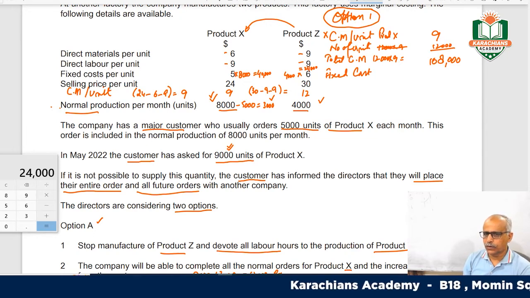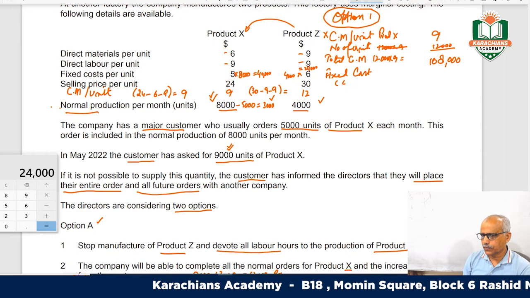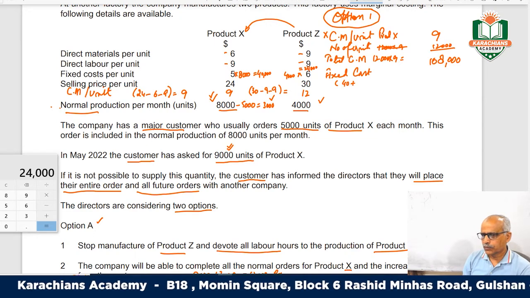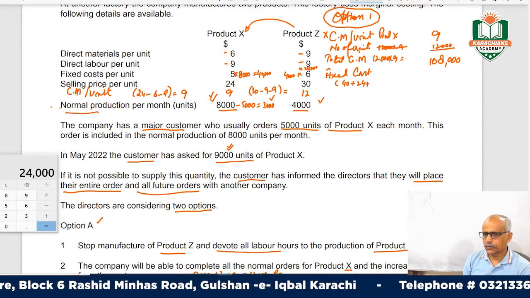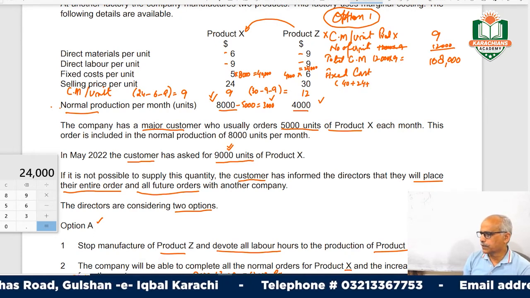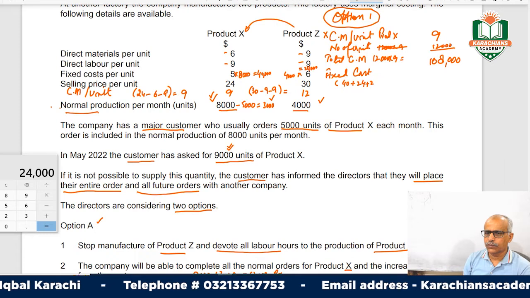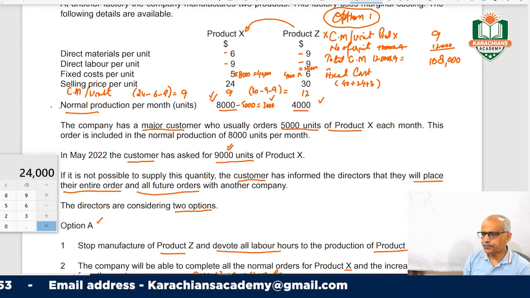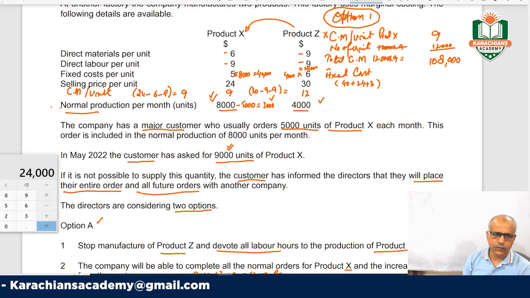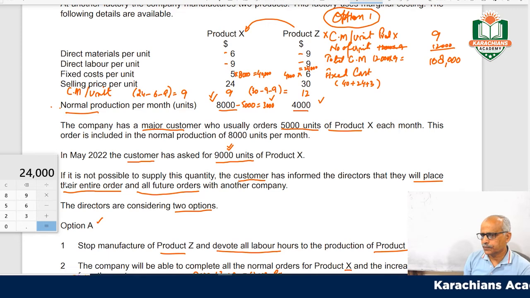So how much will be the total cost? The total cost would be 40,000 plus 24,000, and you are incurring one additional cost of 3,000 for their training, right? So how much total would it be? 67,000.